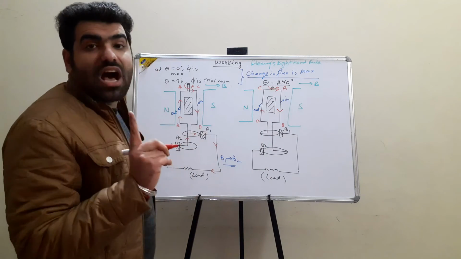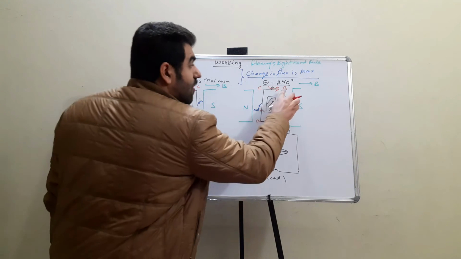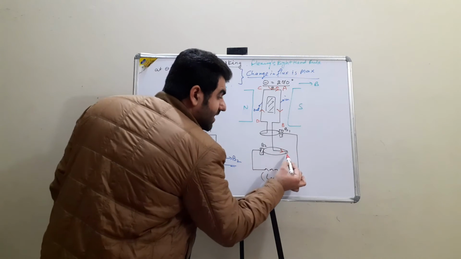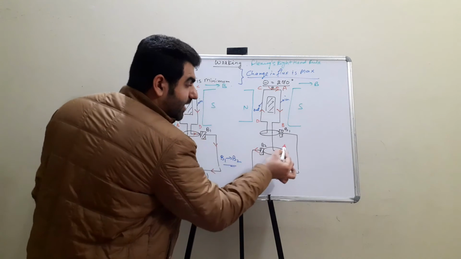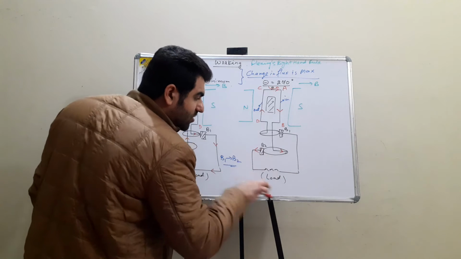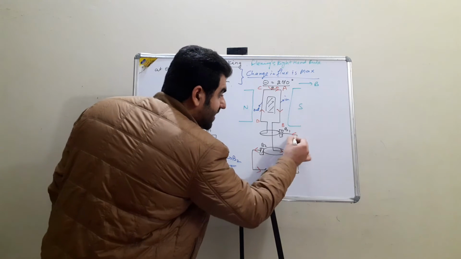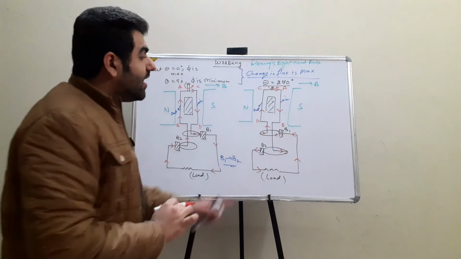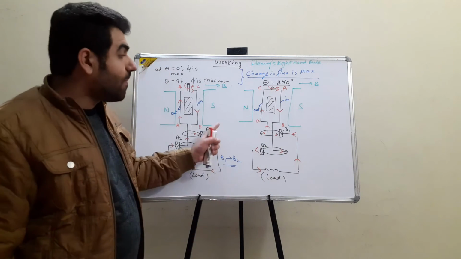So this is the direction of the current. Now let us see how it flows in the external circuit. From this arm AB, it comes towards like this. This is the conducting ring. Through the conducting ring, it will first pass through the brush to this circuit and then to B1. Then B1 will conduct it through this to the internal circuit again.